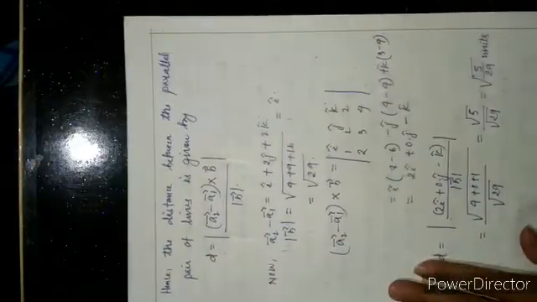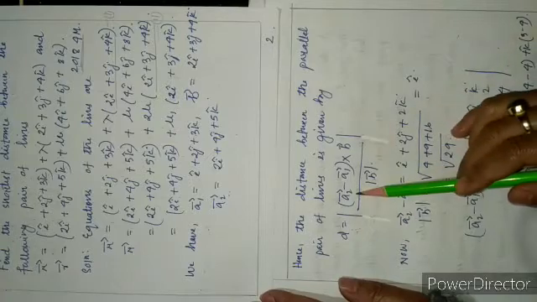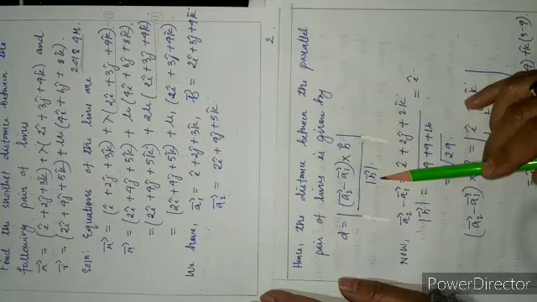Now we need the formula for the distance between two parallel lines. The distance between the two parallel lines is given by d equal to the magnitude of a2 minus a1 cross b vector, divided by the magnitude of b.